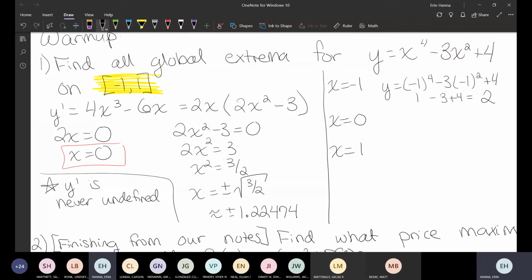Y'all correct me on my arithmetic if I do something stupid. 0 to the 4th minus 3 times 0 squared plus 4 is just going to be 4. And then plugging in 1 will give you the exact same thing as plugging in negative 1 because both of those powers are even. 1 minus 3 plus 4 is 2.